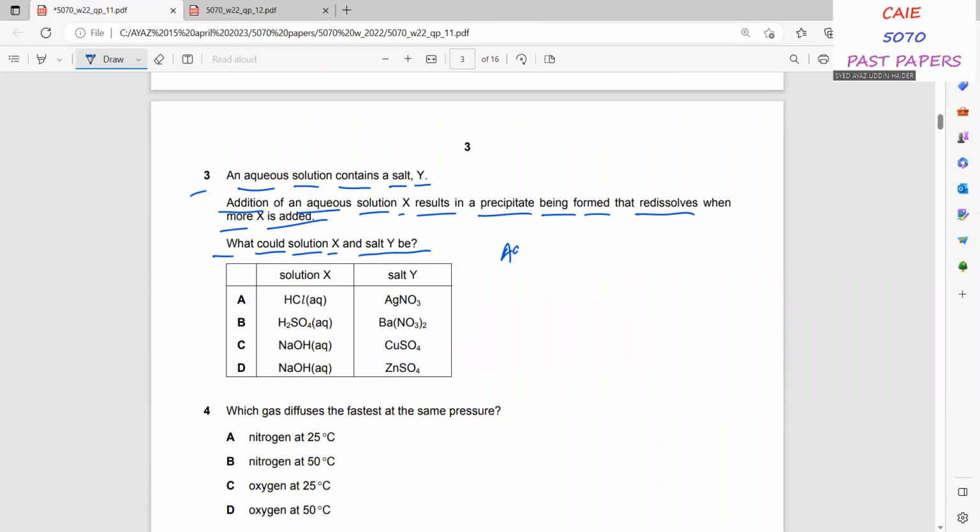AgNO3 plus HCl gives HNO3 and an insoluble precipitate of AgCl. But in the question, they are saying that this precipitate redissolves. So this is wrong. B, H2SO4 plus Ba(NO3)2, barium nitrate.